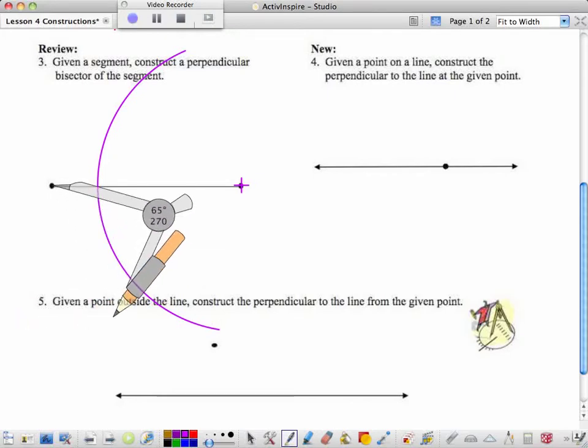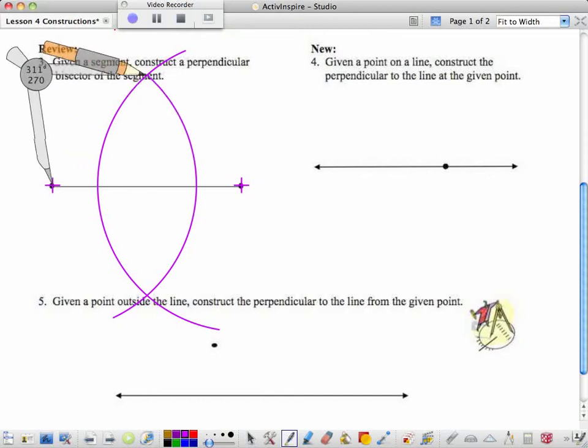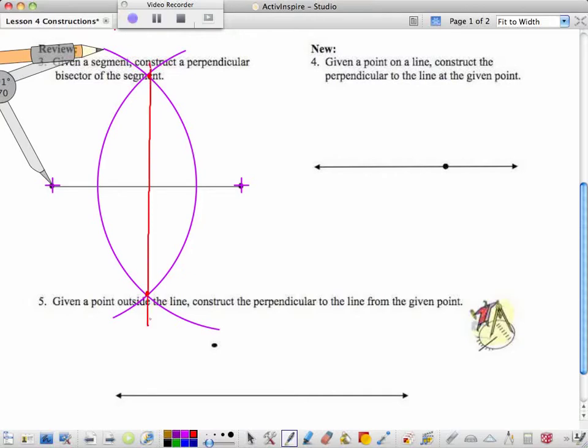You go to the other side, you do the same distance, so this distance is the same as this distance, which means when you line up your ruler, you're going to make sure you connect this intersection with this intersection. And when you do that, so I'm going to use my board ruler so you can't see it, you've then created a perpendicular bisector. So this segment is the same length as this segment, and this red line intersects the given line at 90 degrees.